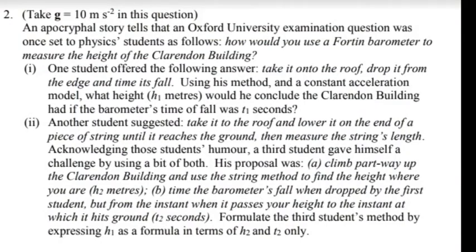So if I express this in terms of t1, my u I know is 0, so this is going to simplify to 0. My acceleration I'm given, I'm going to be able to substitute my values in and express this in terms of t1. So that's what we can do.